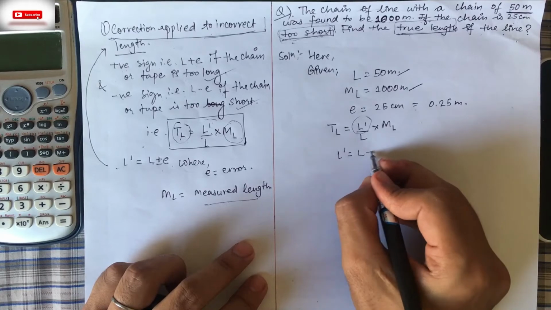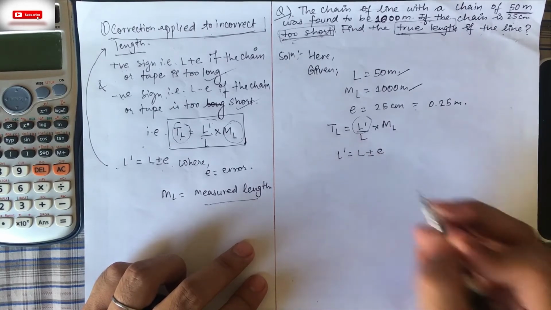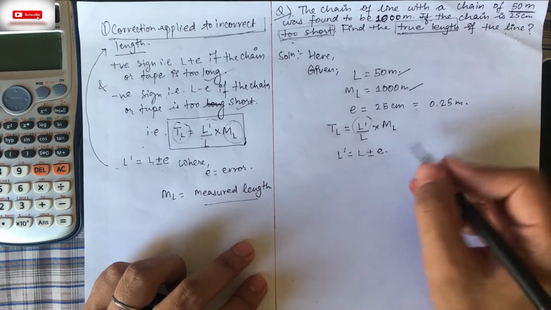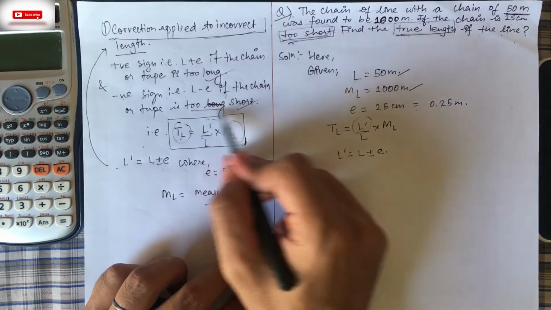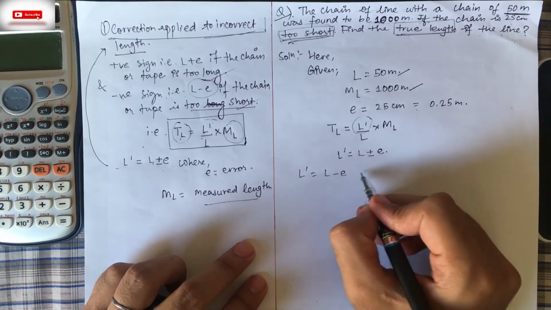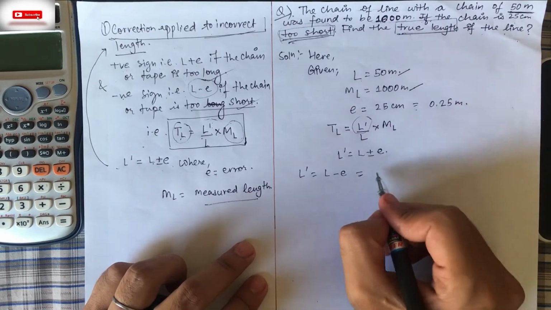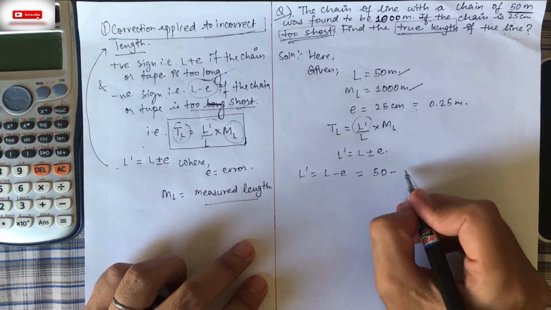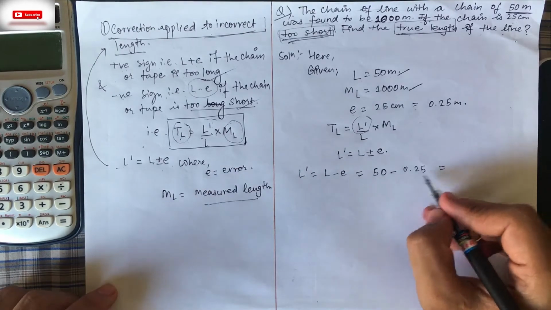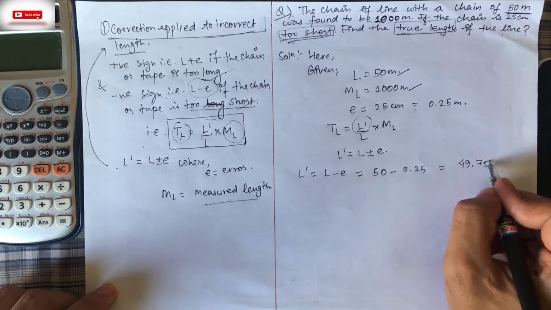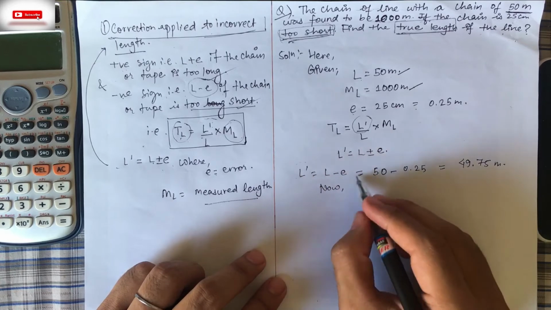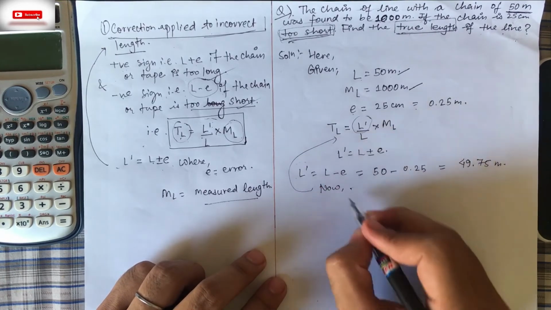L dash is equals to L plus minus E. Now we should know whether we have to use L plus E or L minus E. Since the question says too short, it means L minus E. So we'll use L dash is equals to L minus E. We know L is equals to 50, so we'll write 50 minus error 0.25. That will be 49.75 meter.